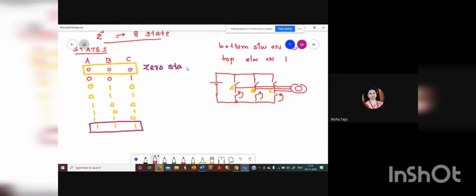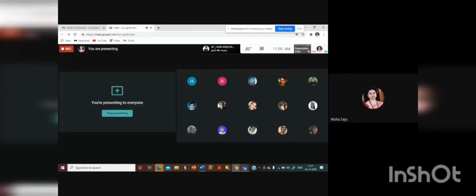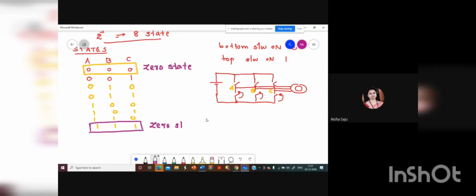So this is known as the zero state, because it will not contribute anything to the output voltage. So this is your zero state. Again, you have two zero states.